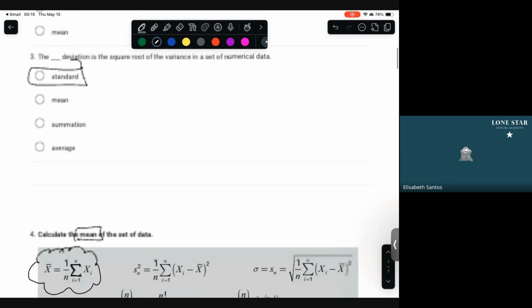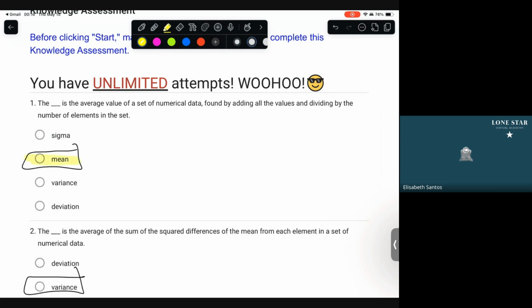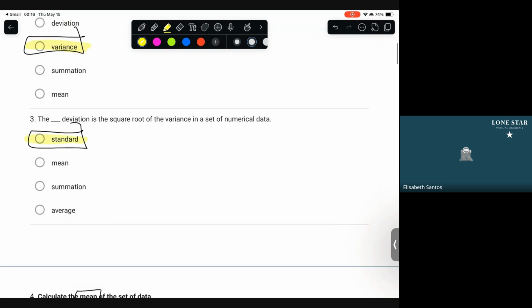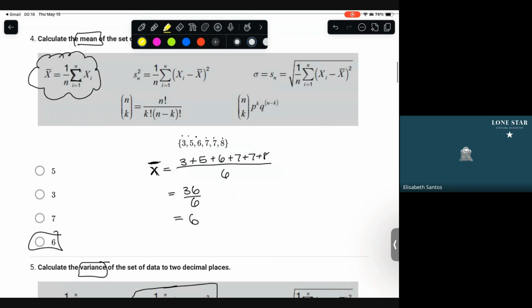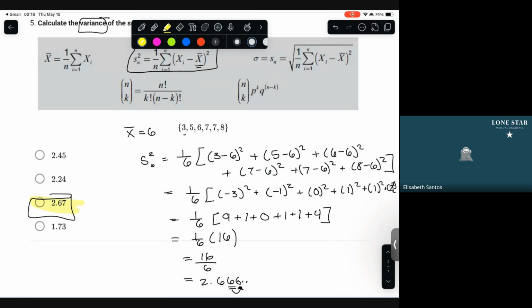Let's go ahead and check our answers. Number 1 is mean. Number 2 is variance. Number 3 is standard. Number 4 is 6. Number 5 is 2.67.